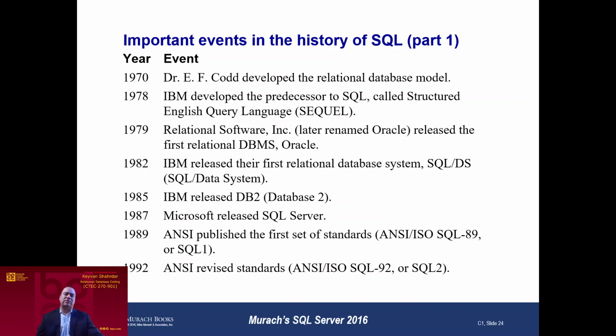This is some of the history of SQL. Dr. E.F. Codd pioneered the relational database model. In 1978, IBM developed a predecessor to SQL called Structured English Query Language, or SEQUEL. And in 79, Relational Software Inc., later named Oracle, released their first DBMS, named Oracle, which was very big at the time, and you were able to finally manage files in a computer system as if you had a filing cabinet.